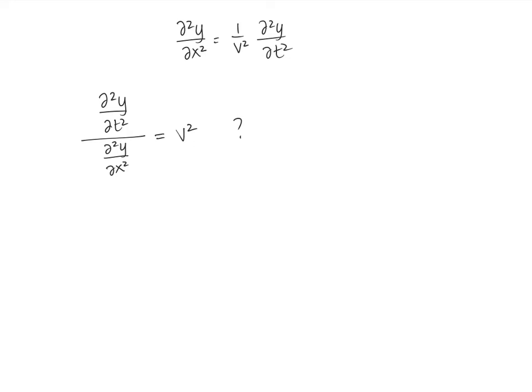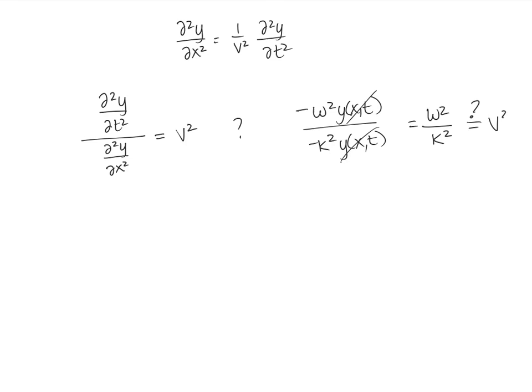So let's test that. Our second time derivative gives us minus omega squared y. Our second derivative with respect to x gives us minus k squared y. The y term cancels out. This gives us omega squared over k squared. Is this equal to the velocity of the wave squared?